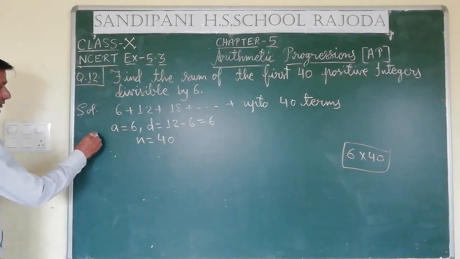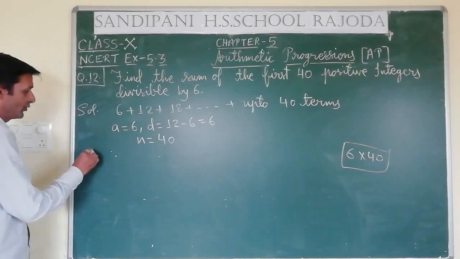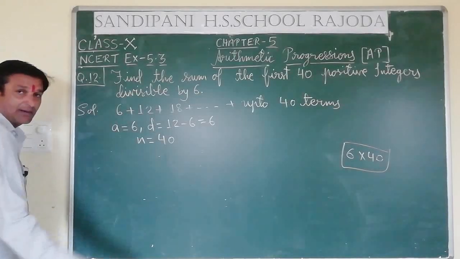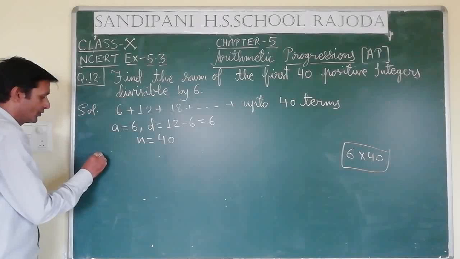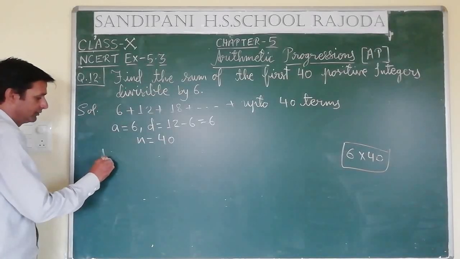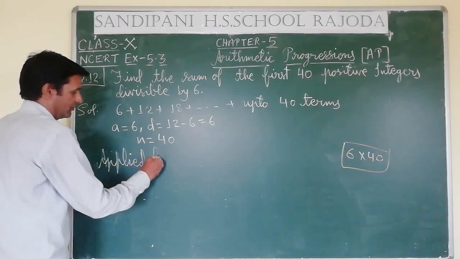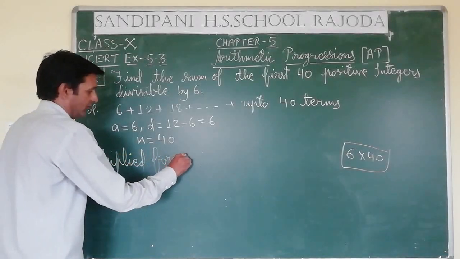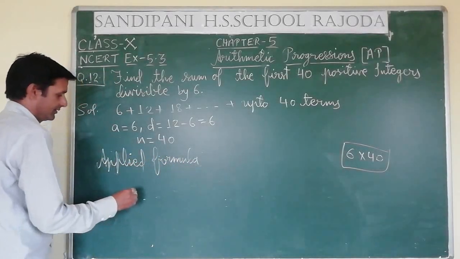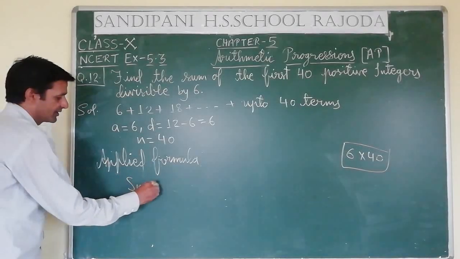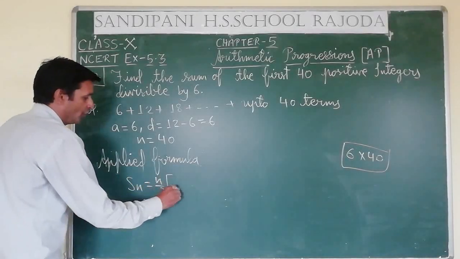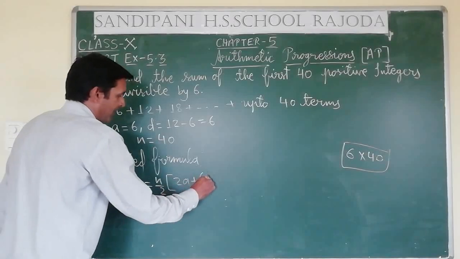Now what do we have to apply? We have to apply the sum of n terms formula: sum of n terms is equal to n by 2 into 2a plus n minus 1 into d.